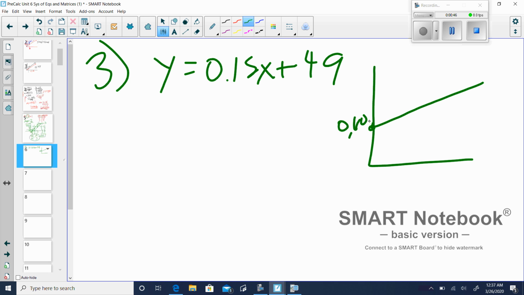This graph gives us numbers. Those numbers represent things. They represent minutes and total cost.